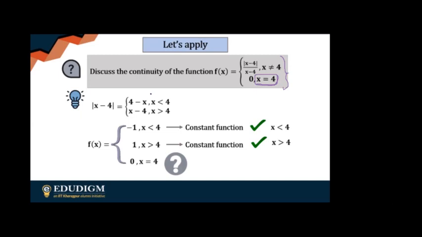Our question is what happens at x equals 4. Once you figure out these possible points where the function is changing behavior and it can affect the continuity of the function, obviously now we are going to be discussing them.